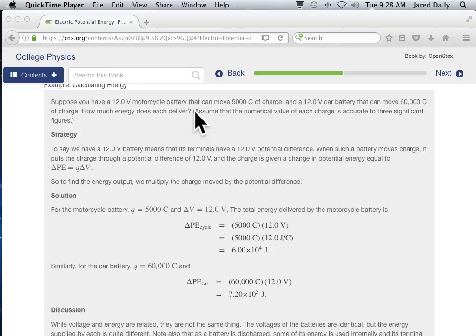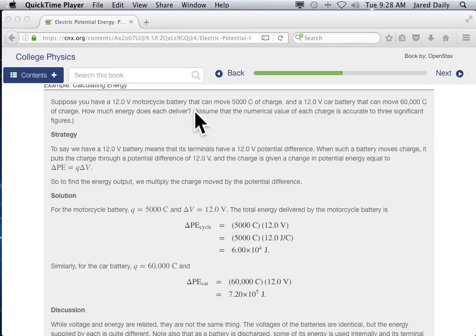What are volts? They're joules per coulomb, right? That means if you have a charge that goes from one of those posts to the other post, it will experience a change in potential energy per charge of 12 joules per coulomb.